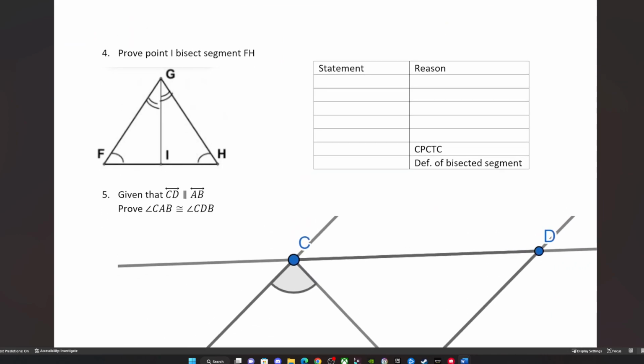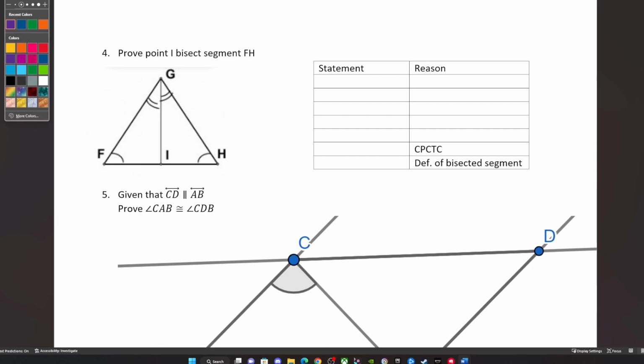Something like that. All right, in this one, we're going to show something else. So let's see. Prove that point I, this point right here, bisects segment FH. It may seem completely different, but it's not. To prove that something has been bisected, you have to show that the two halves of the segment that is being bisected are congruent.